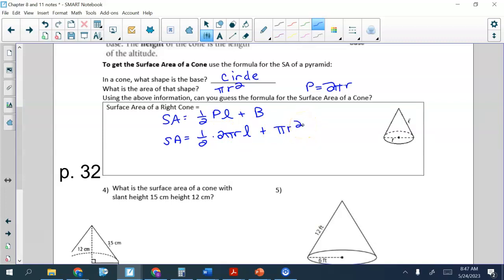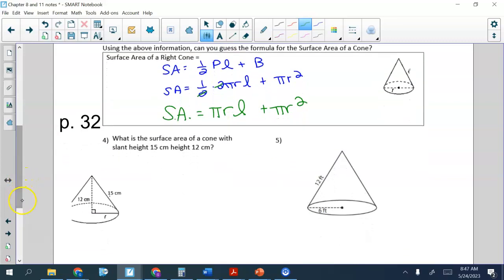So if we wanted to simplify that, those 2's can cancel. So when I do surface area of a cone, and remember all these formulas are in the back page of your packet, we're getting pi RL plus pi R squared. Okay, so that's the one that you want to have written down that you want to use when you're doing a cone.